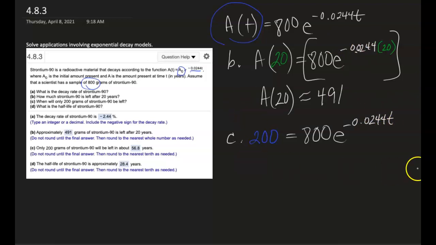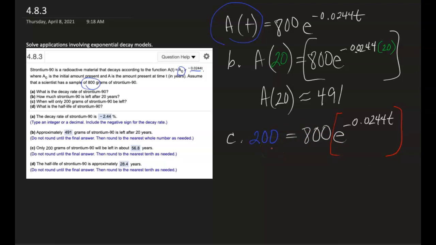Now, at this stage, we're really just solving an exponential equation. So to solve an exponential equation, steps always look this way, that we want to isolate the exponential piece first. That means move the 800. And think about it like this. How would you solve any equation for its variable?